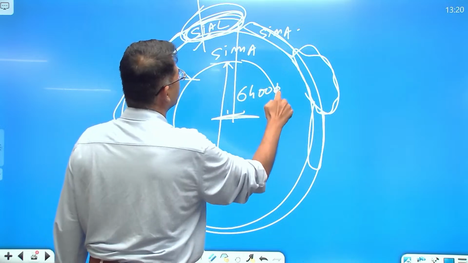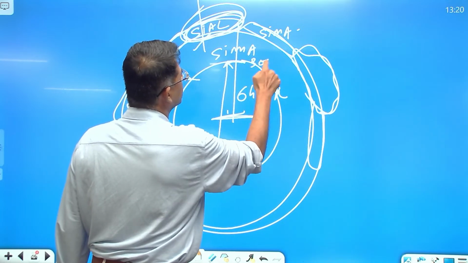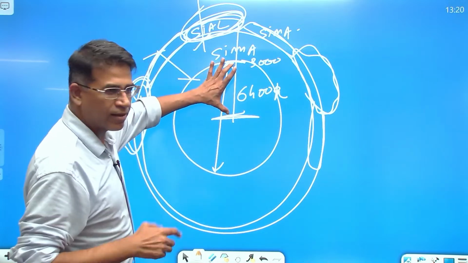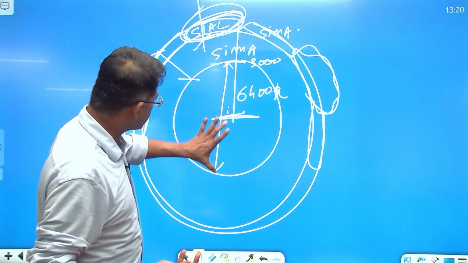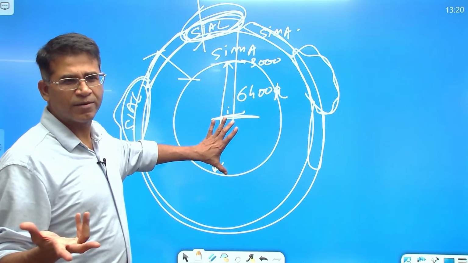Where does the core start? Around 3000, isn't it? So ultimately this is 3400, and this plus this is approximately 6000, 7000 kilometers.